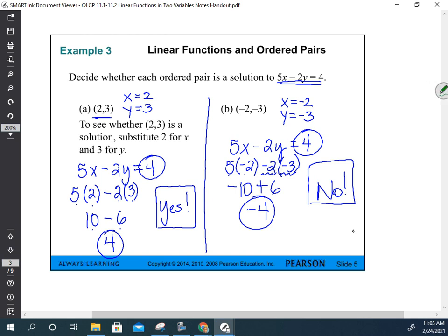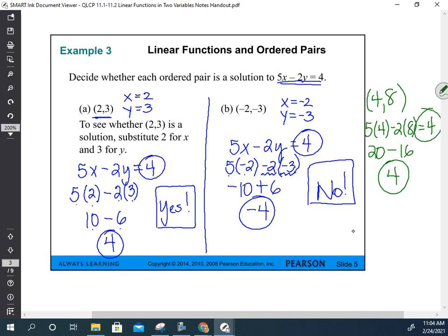For example, and I'm making this up off the top of my head, so let's see if I'm still as good as I think I am. Let's say the second option was 4, 8. So that's 5 times 4 minus 2 times 8. 5 times 4 is 20. 2 times 8 is 16. 20 minus 16 is 4. Oh, that worked too. That one worked.